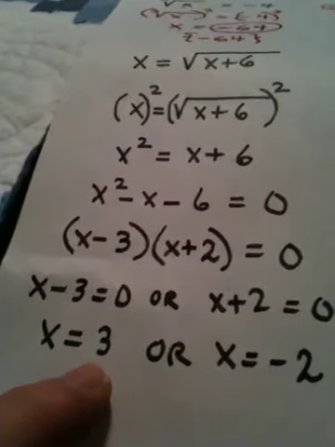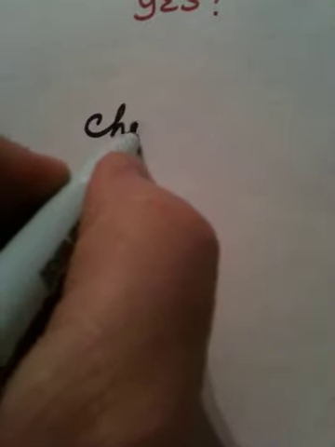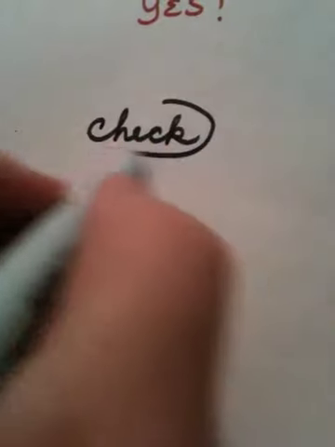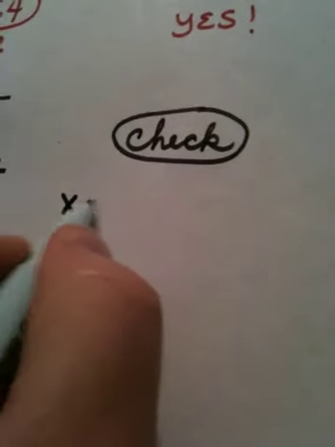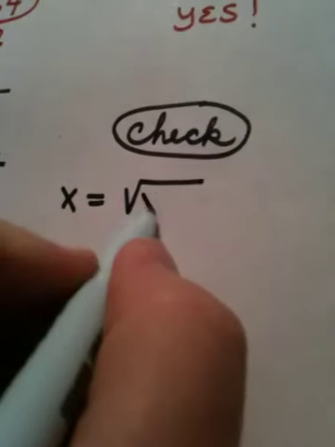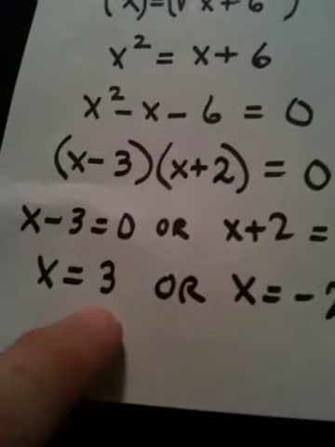Now, before I can accept either of these answers, I need to check them. And remember, okay, checking is always done in the original equation. So I write this down. And the first value I'm going to check is 3.